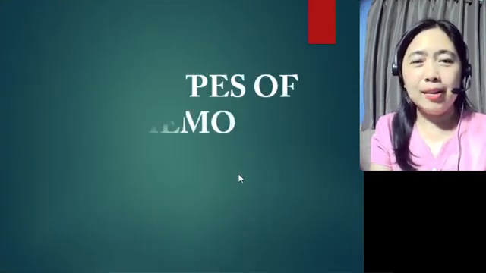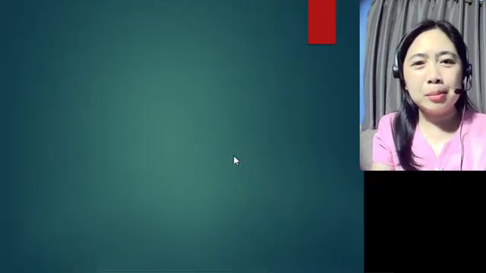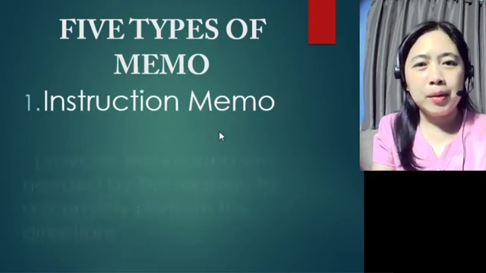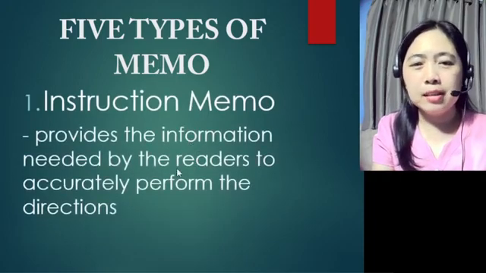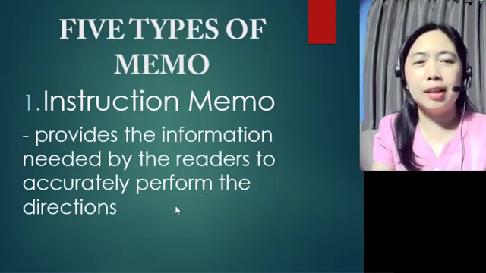Now we have the five types of memo. The first one is the instruction memo. An instruction memo provides the information needed by the readers to accurately perform the directions.